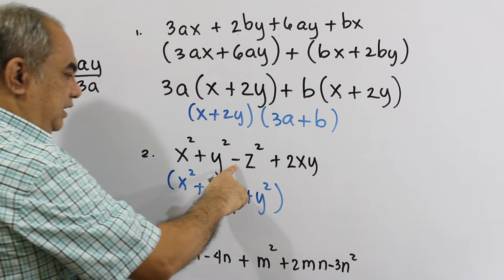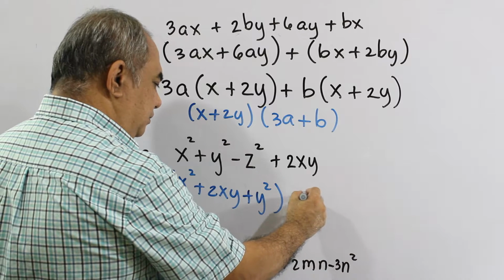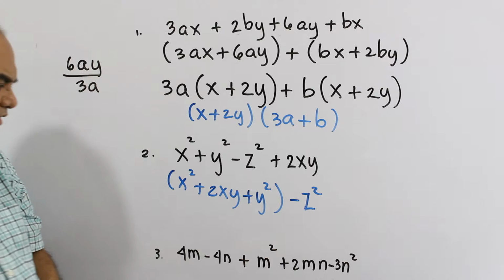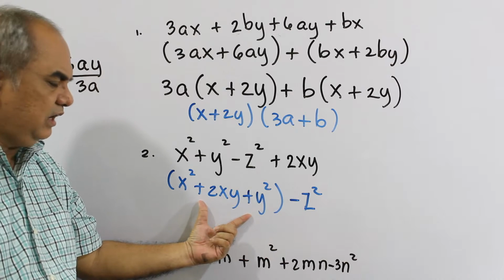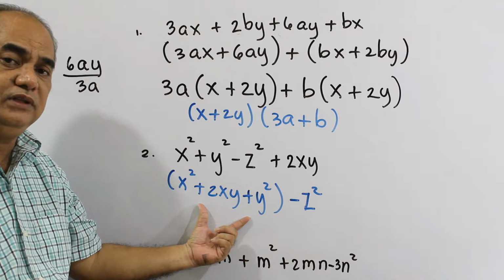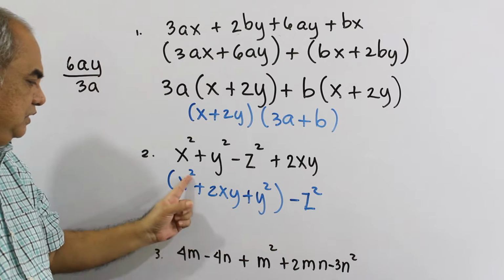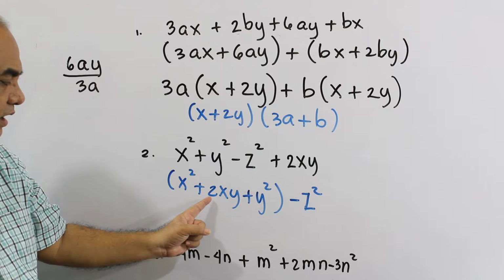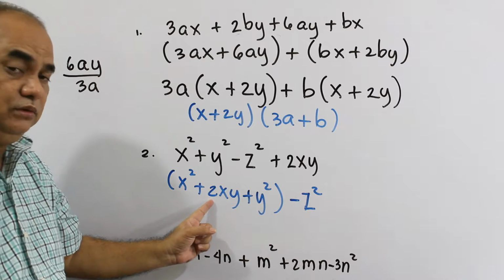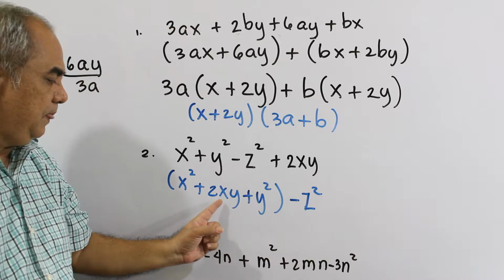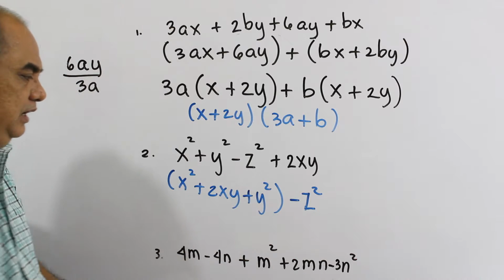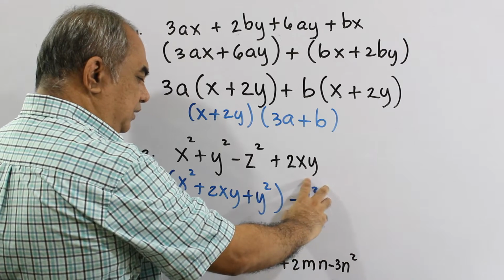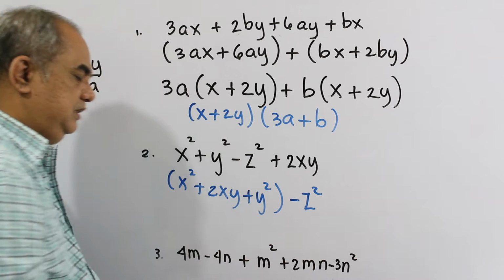The other group will be this one, negative z squared. Notice that the first group can be factored using perfect trinomial square, because we have a square here and a square here, and when we divide the second term's coefficient, which is 2, by 2, we're going to have xy. And this one we're not going to solve; it will remain negative z squared.